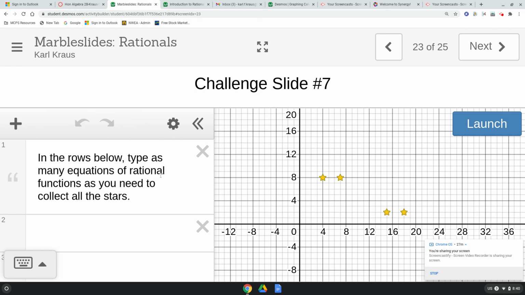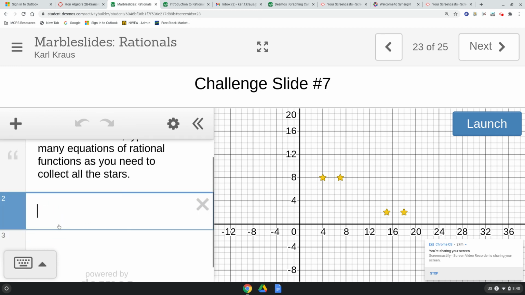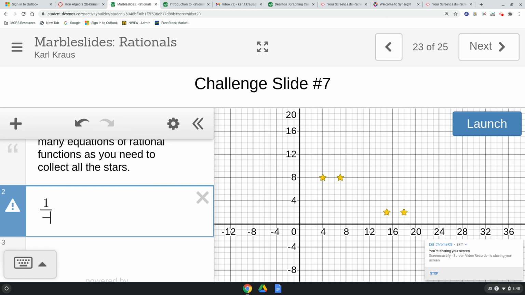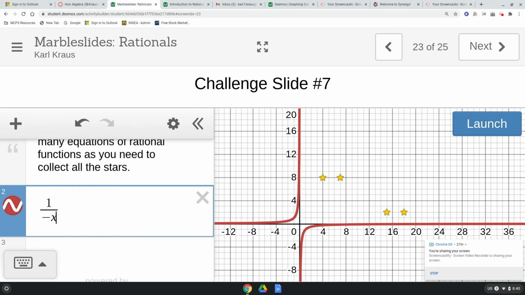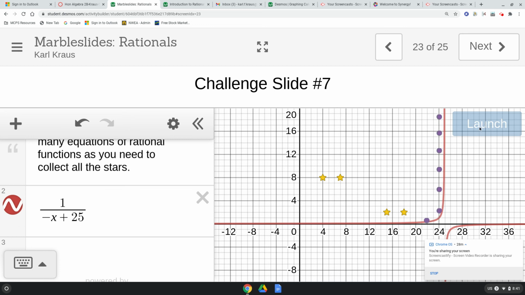And slide 23. And I made a reflection over the Y. So it looks like that. So if I do plus 25, that moves that over there because the ball, when I launch it, it's over there.